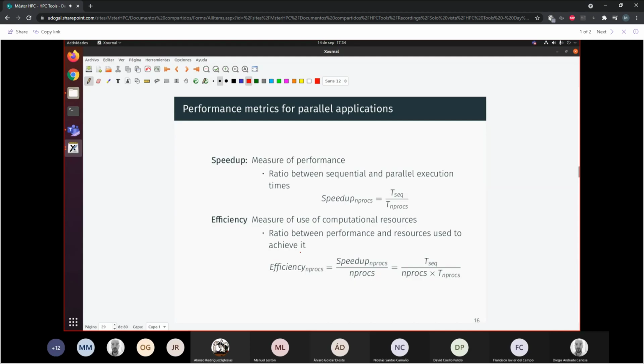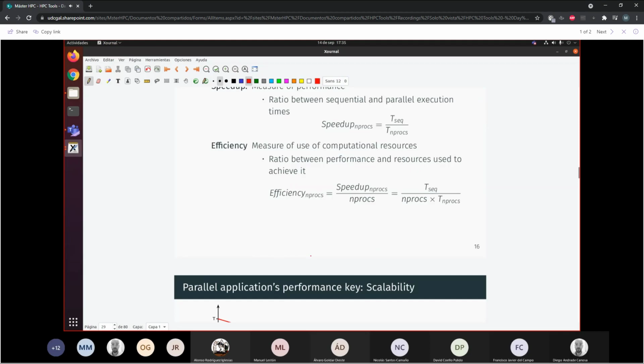Related to this, there is something that is called the efficiency of the parallelization. When you do something in parallel, for instance, when you start with parallel programming, you are going to do something in OpenMP. So the idea in OpenMP is that you can put to collaborate, for instance, the 24 cores of one node of the Finisterrae 2 supercomputer.